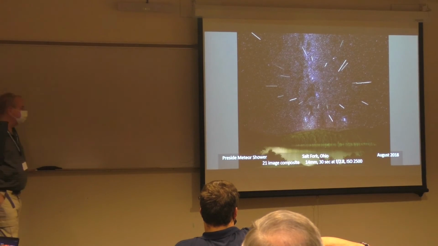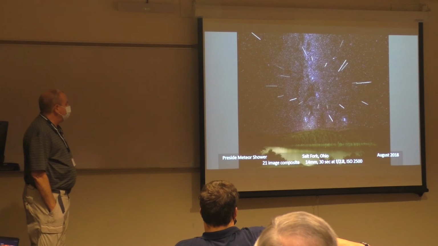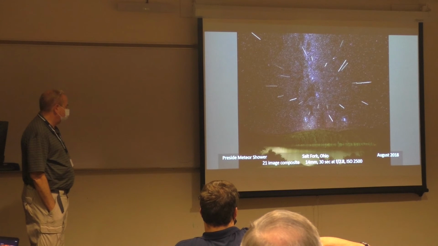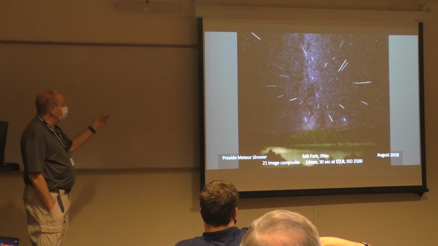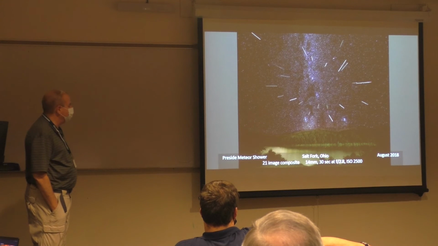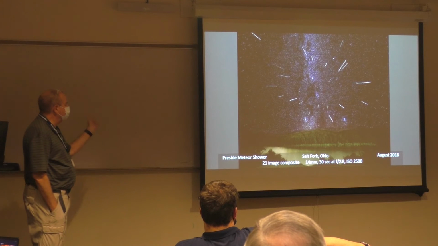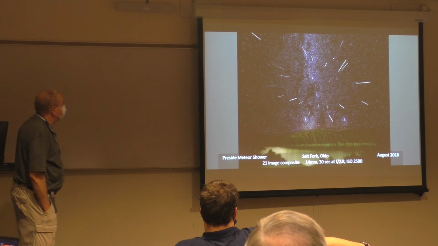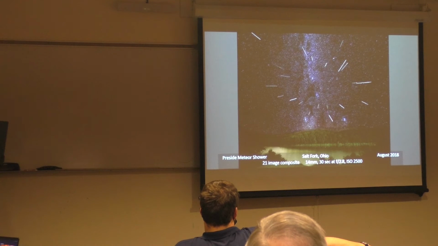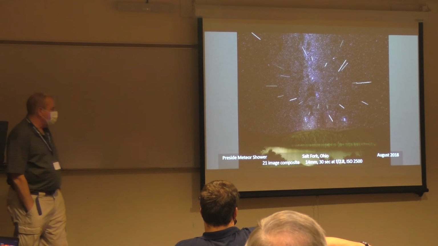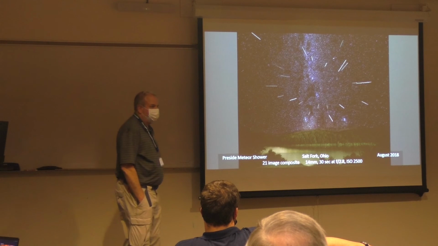This is the Perseids from a few years ago, shot down at Salt Fork. There's 21 meteors in the image, and so it's a 21-shot composite of them all, with the northern part of the Milky Way showing up in the image. Now, when you say 30 seconds, is that the total on a composite, or is that 30 seconds each shot? Each. Okay.